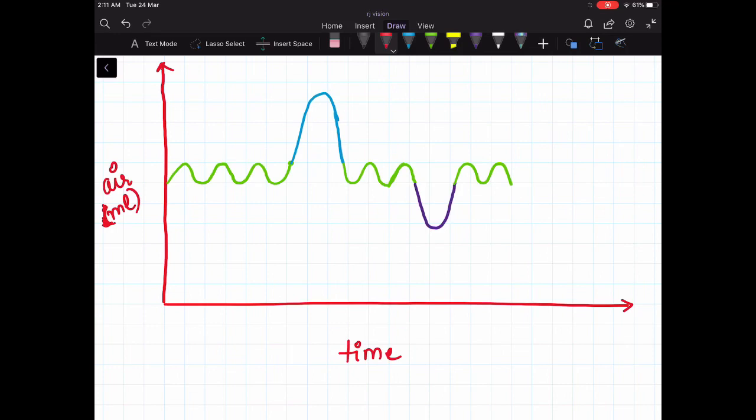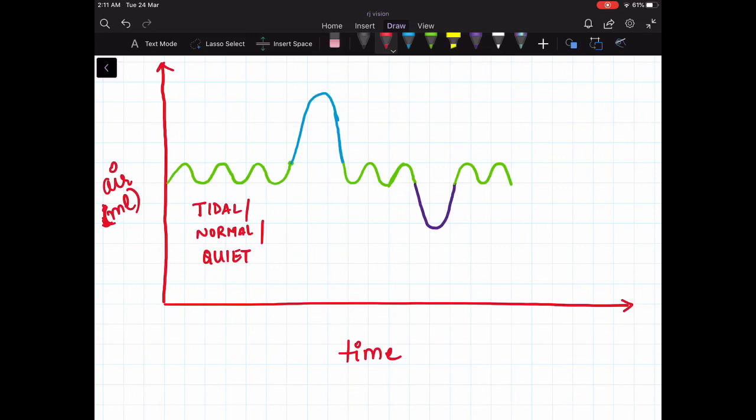So, the ones that I've drawn in green, I've color coded them. The ones I've drawn in green, that is the tidal or the normal or the quiet breathing.